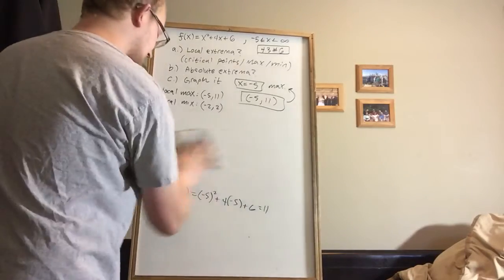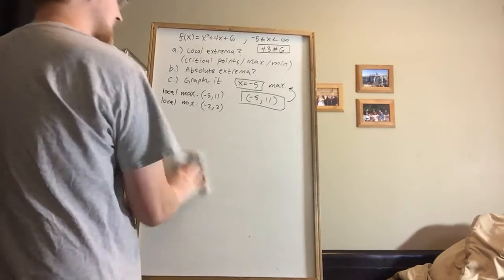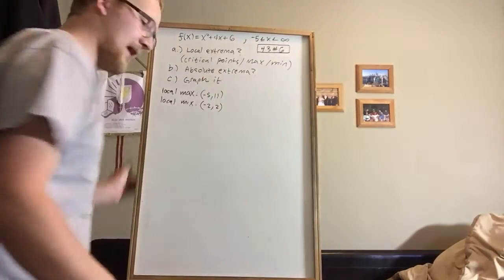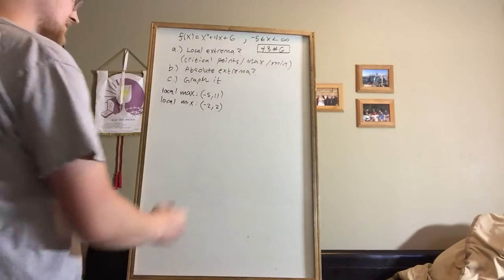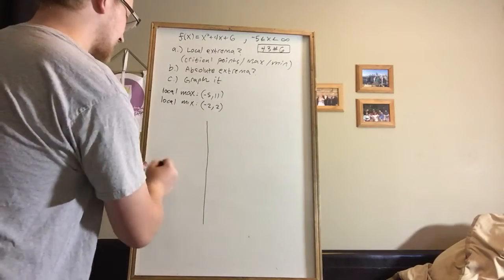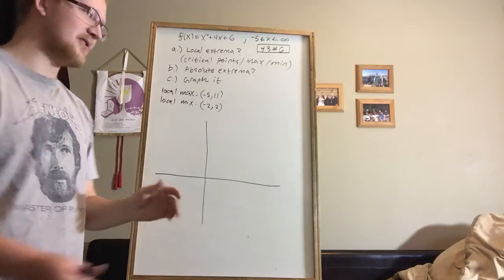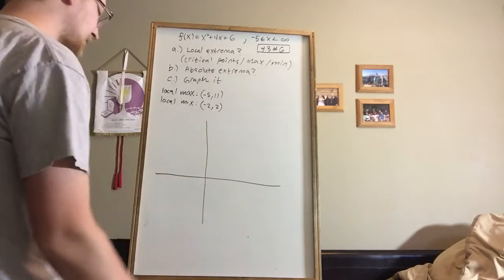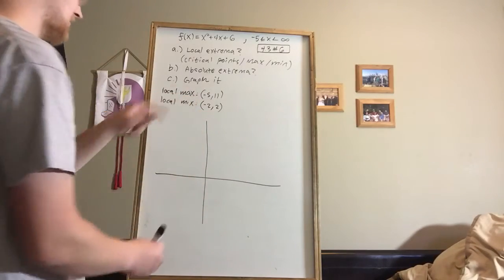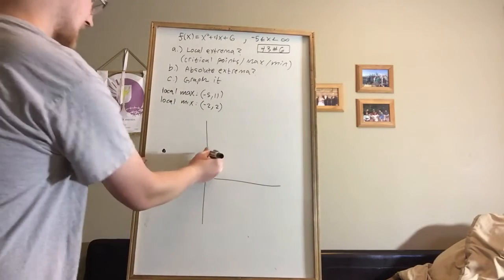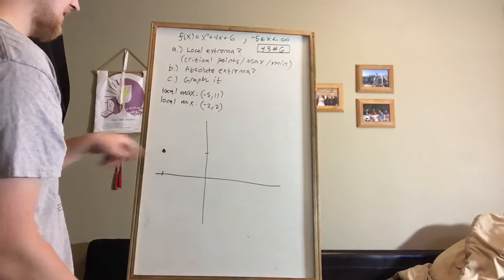Alright, so now we're going to start doing part C and graphing it, and that's going to help us find out if any of these are absolute extrema, or absolute maxes or mins. So we know that this graph is an upward facing parabola because when we take the second derivative, it's always concave up. We know that we have a local max at minus 5, 11, minus 5 in the x, 11 in the y.